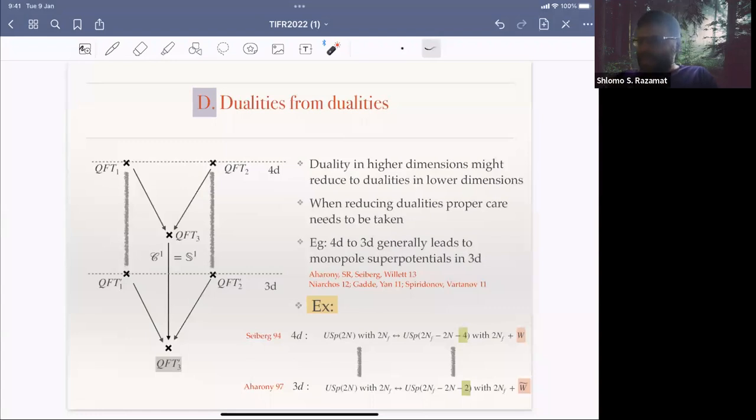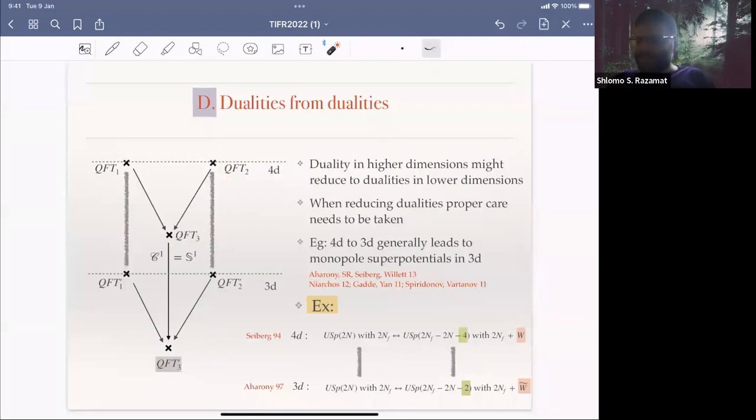So instead of going across dimensions, starting from theories and compactifying in different ways and obtaining different types of dualities, you can ask the following question. Say you have a duality, say in 4 dimensions, and you want to dimensionally reduce these dualities to lower dimensions.